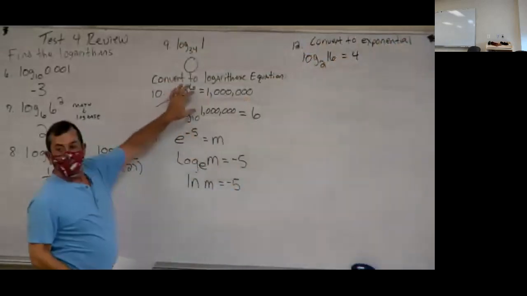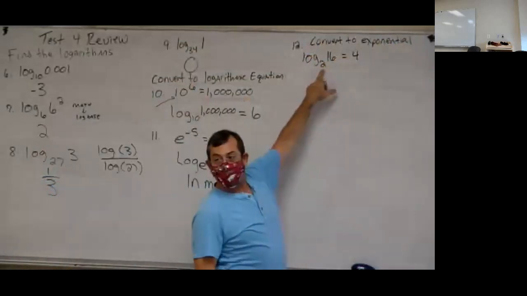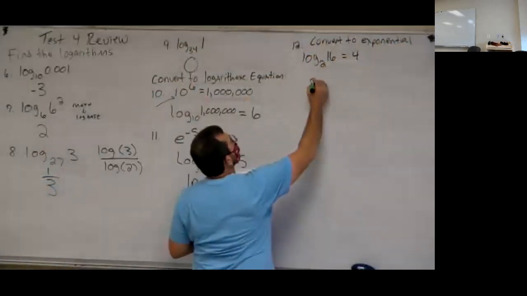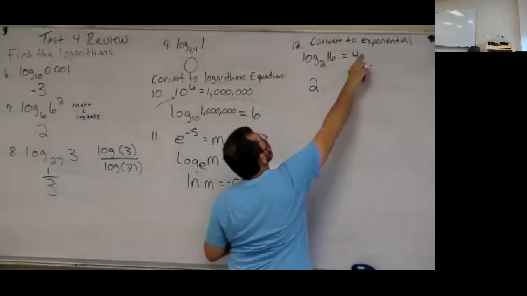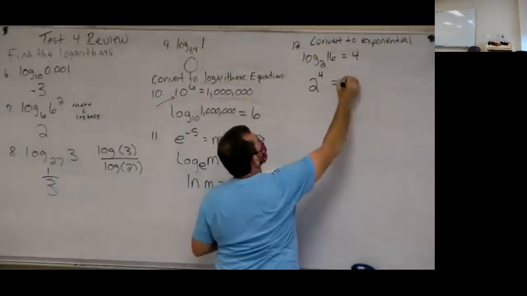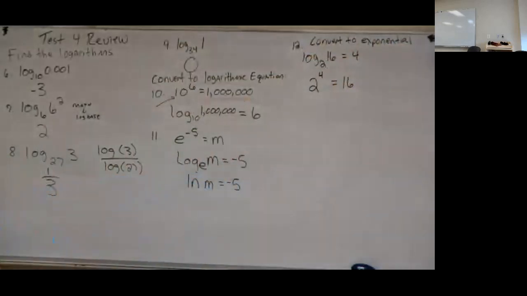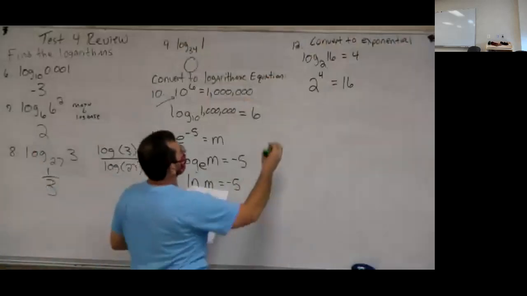So, go reverse, right? The base is the 2. So bring down the 2. The exponent is the 4. And 2 to the 4 has to equal 16. That's a true statement, right? 2 times 2 times 2 times 2 is 16, so we know we're good.